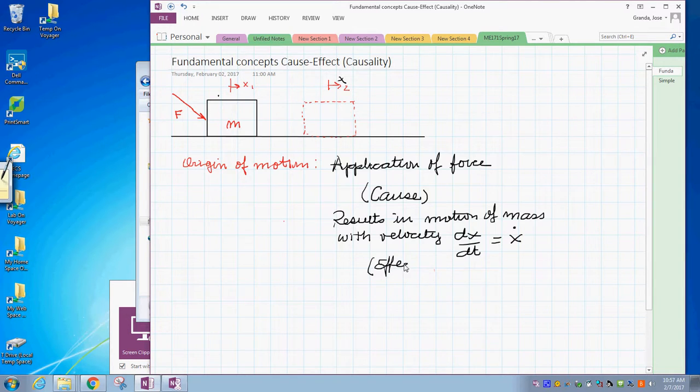The cause is the force, the effect is the velocity. Okay? Cause is the force, the effect is the velocity. You may say, can we specify the velocity and know the force? Think about that.